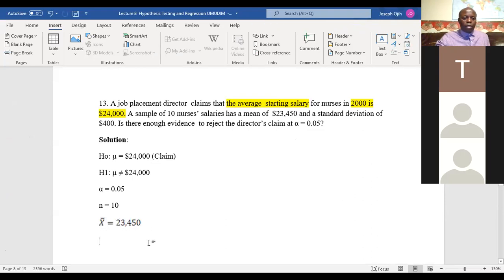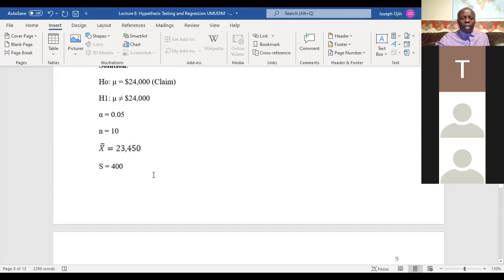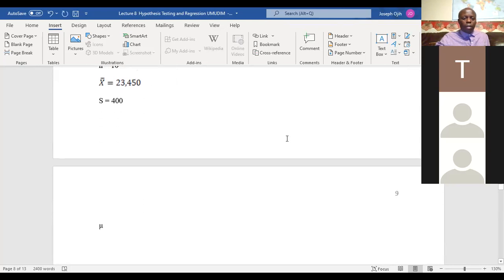Now, the sample standard deviation we're using is 400. So S, the sample standard deviation, is $400. We have our sample size and sample standard deviation, and the population mean we have already as 24,000.